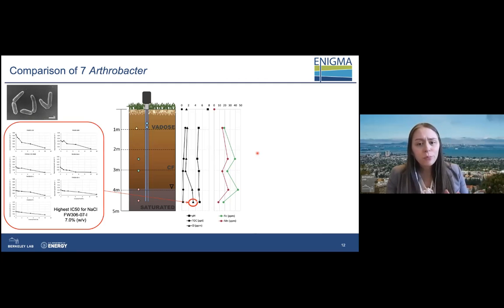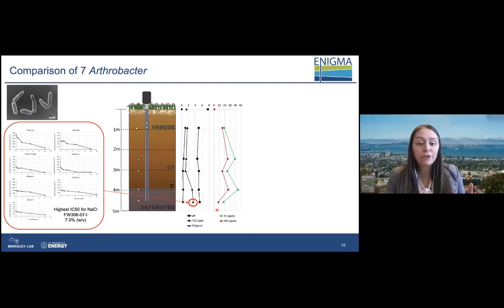But when we looked at the phenotyping, we saw some connections of different organisms correlating to their environment of origin. For example, we had the highest tolerance for salt observed in that very deep sediment saturated zone Arthrobacter, in which we observed the highest salinity.